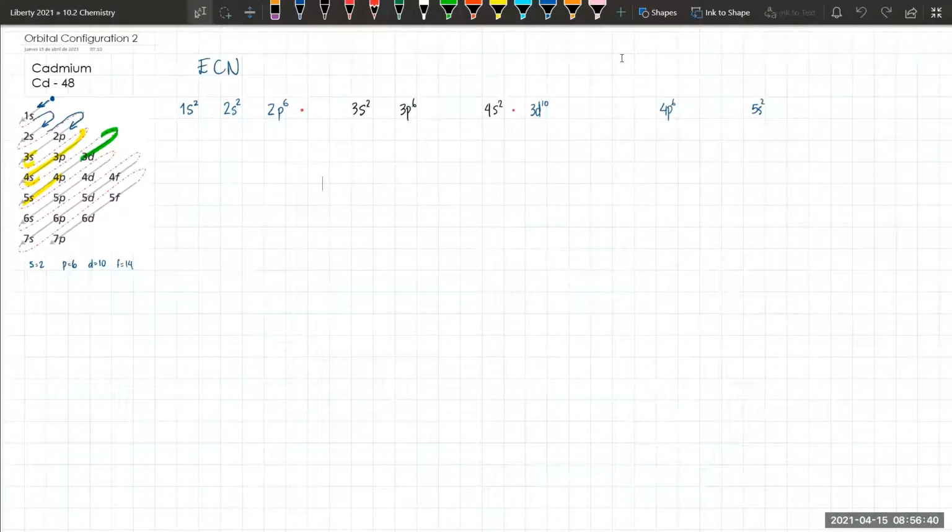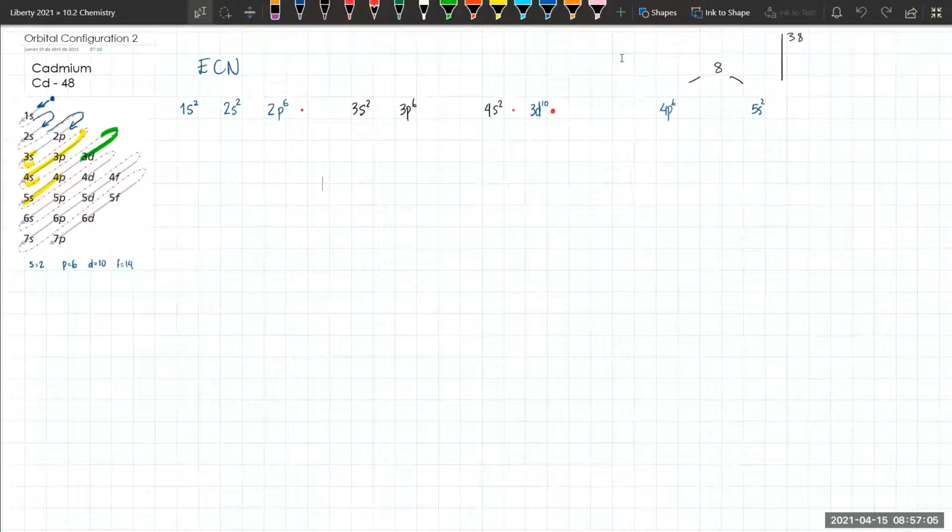So at here I have 38, which means I need 10 more electrons. So at this point, as I told you, I have 38 electrons, which means I need 10 more.